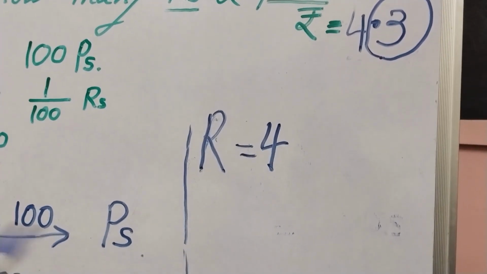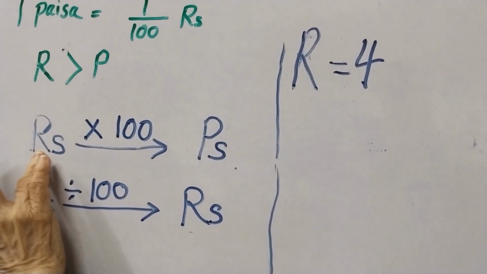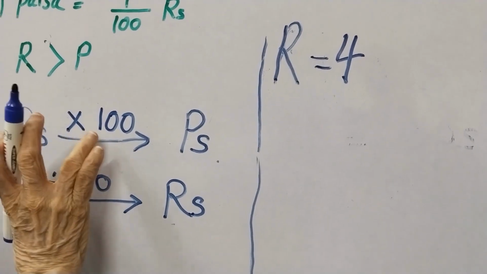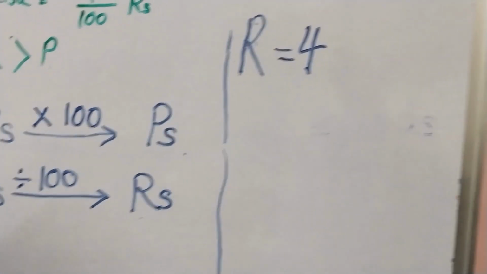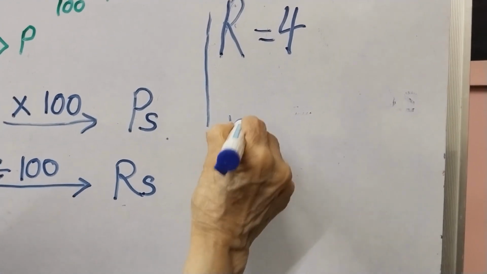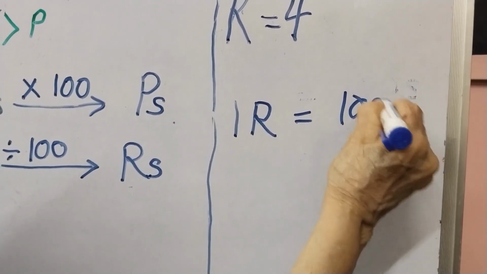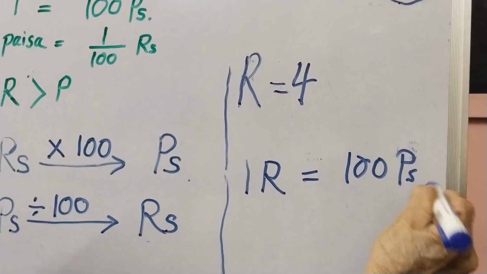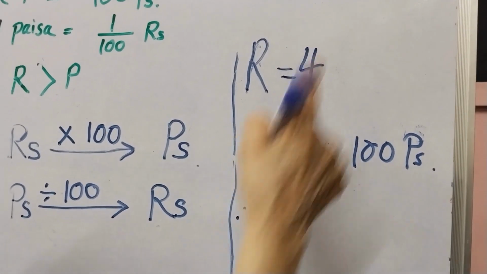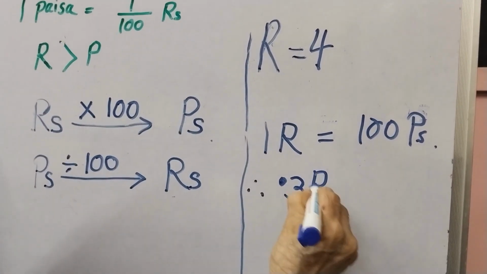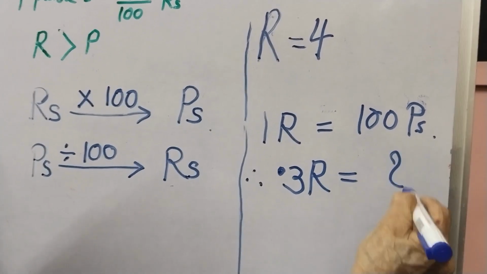Now we will have to do the same thing. From rupees we have to go to paisas, and hence multiplication by 100 is essential. So we write 1 rupee is equal to 100 paisa. Therefore, 0.3 rupees is equal to how much?